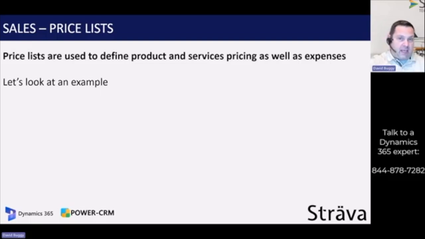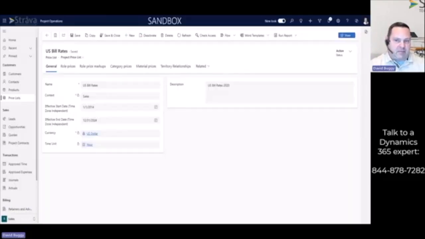Okay, you can make it account based. You can have a price list for different markets, right? So US market, Canada market. You can have a price list for different target customer bases, like manufacturing price list, OEM price list. Okay, so there's lots of ways that you use these. In the project app, price lists essentially define a couple of really key things.